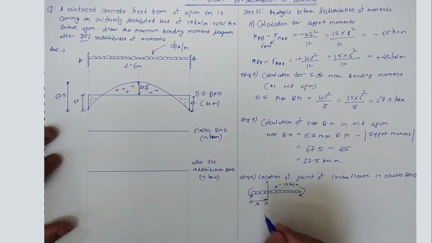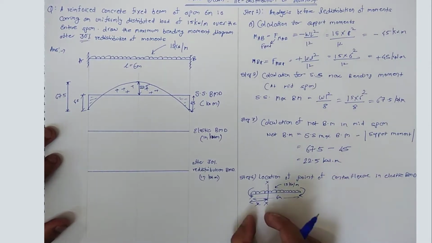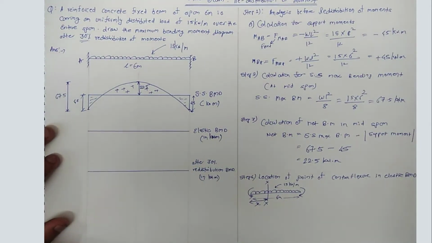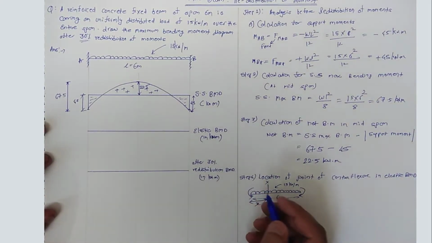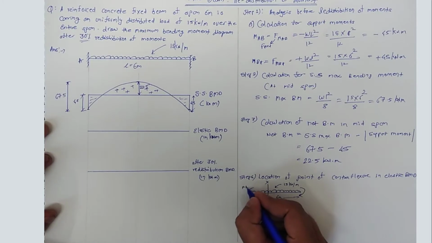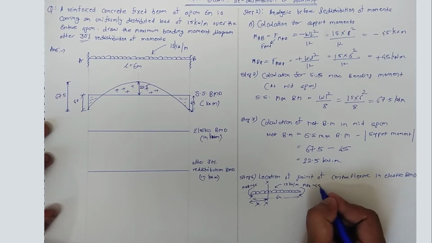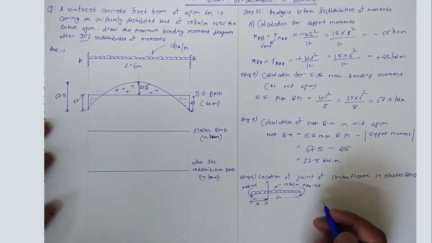We need to calculate the value of x. The entire length is 6 meters. So for this point of contraflexure, what is the exact distance? We need to calculate. We also know that MAB is 45, and MBA is 45. All right, this we know.